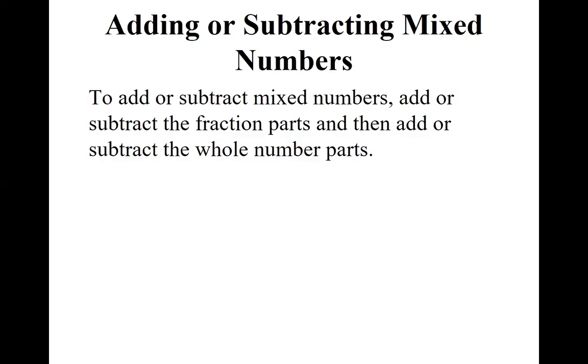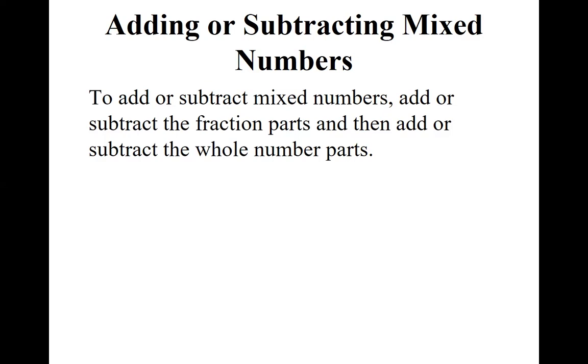Adding or subtracting mixed numbers. Remember that rule that I drove home for multiplication and division? Not the one about mixed numbers meaning mixed numbers, but the one about mixed numbers having to be improper fractions first. Well, for addition and subtraction, you can throw that rule away.